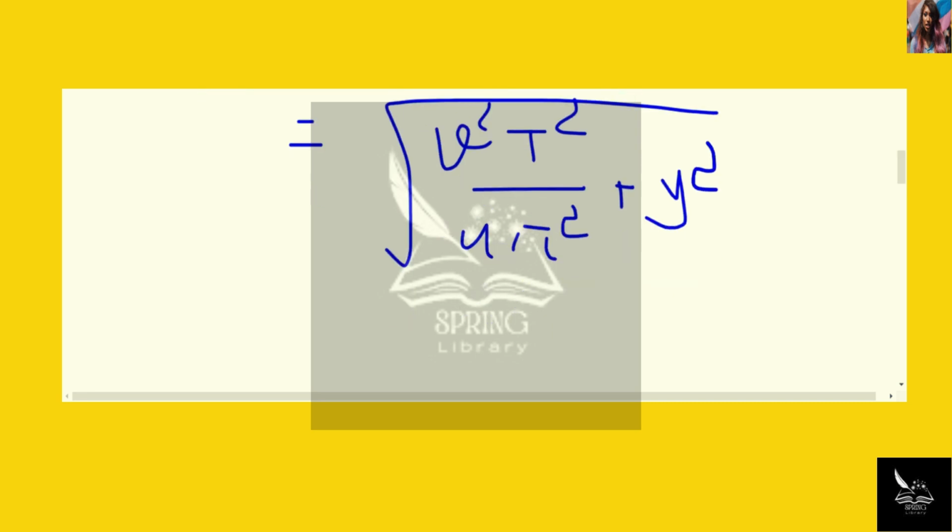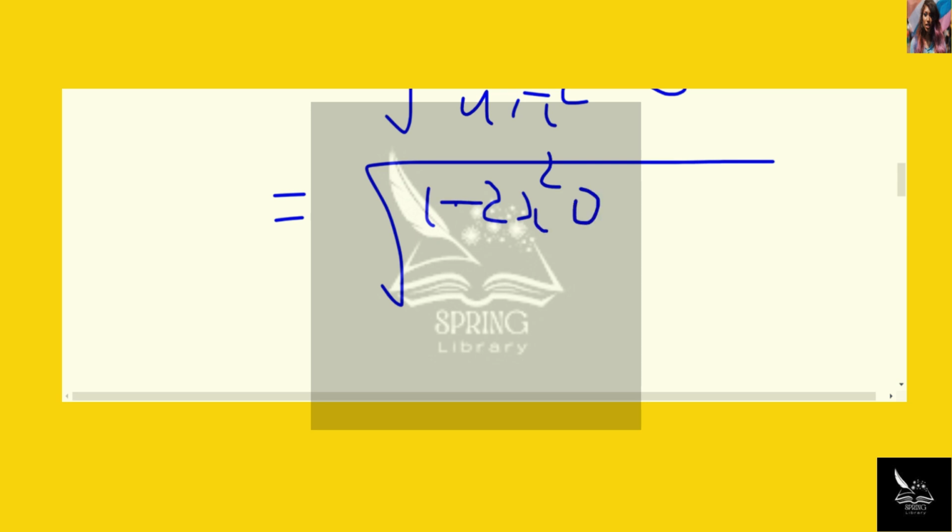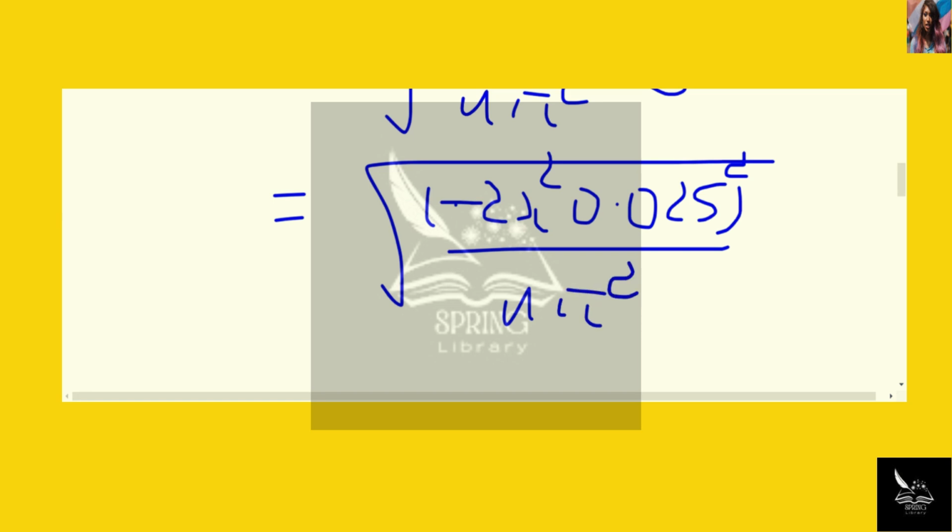Now we are going to substitute the numerical values, which are minus 2 square, 0.025 square upon 4 pi square plus 0.02 square.